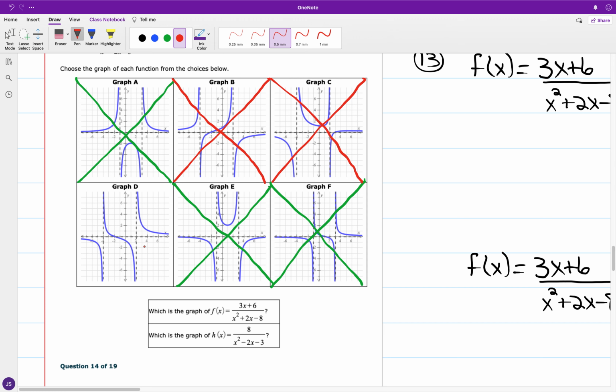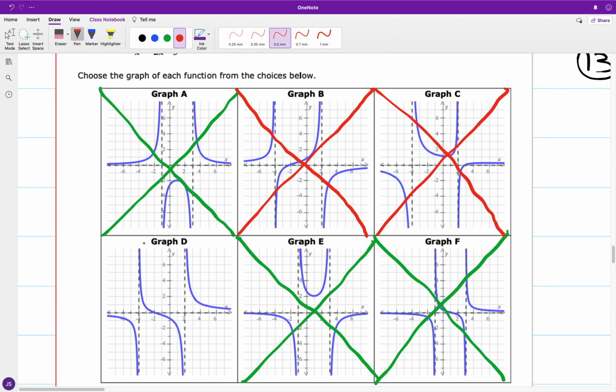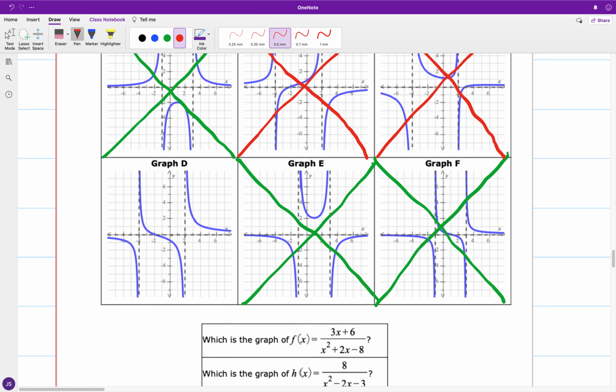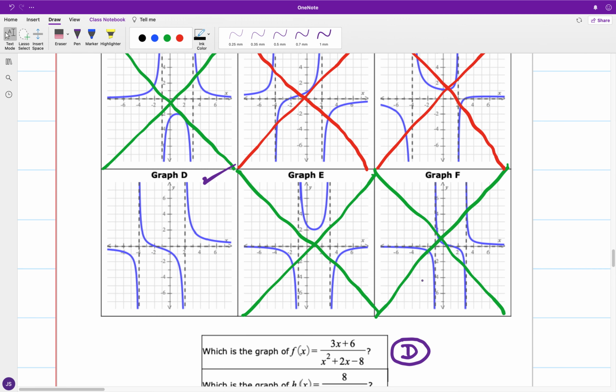And for graph D, in the middle, you have 0, negative 3/4, and that intercept is below the x-axis. So on the y-axis your y value is negative, and so this is going to be the best fit. So for the graph of f of x, this is going to be D.